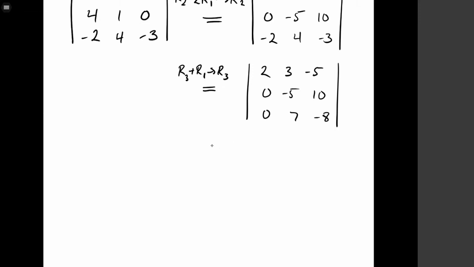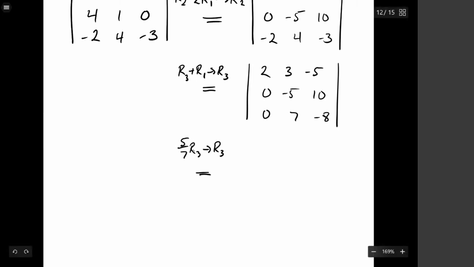So we can do 5 over 7 row 3 goes to row 3. Now I want to point out this step isn't completely necessary. We could do row 3 plus 7/5 row 2 goes to row 3. But just to see a different operation in here, how would that work out?